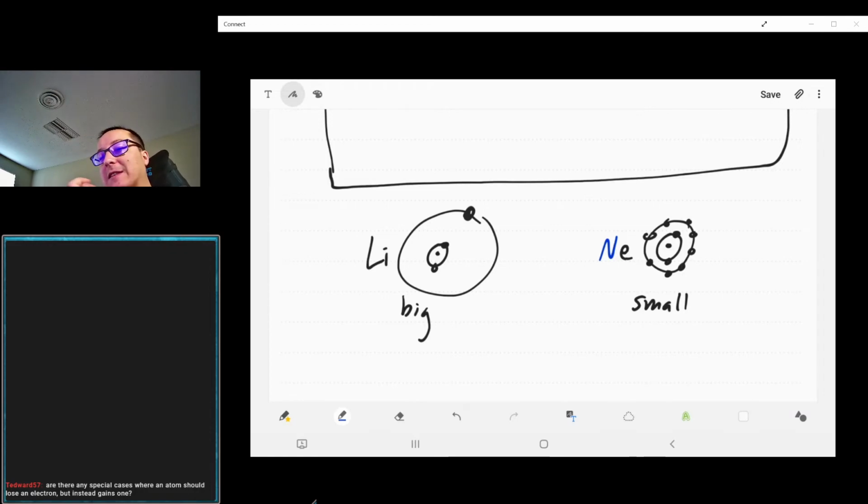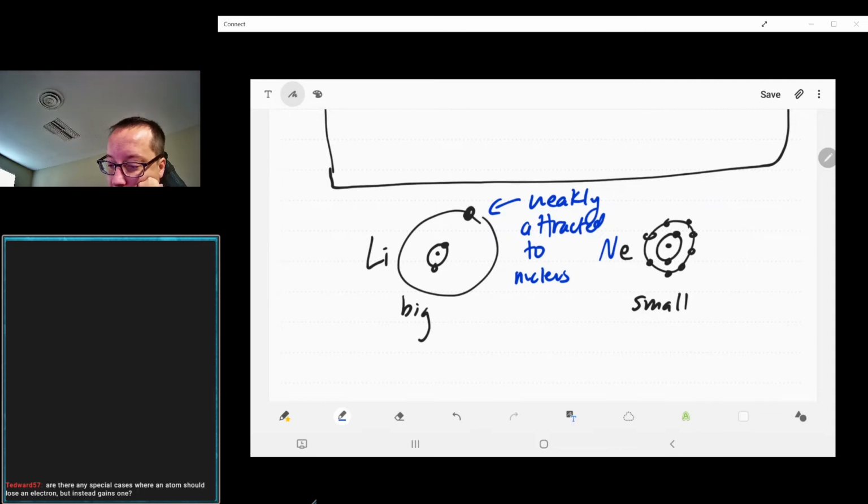which one do we think is it going to be easier to remove the electron? Remember, this is going to be weakly attracted to the nucleus. And these are all tightly held electrons here.